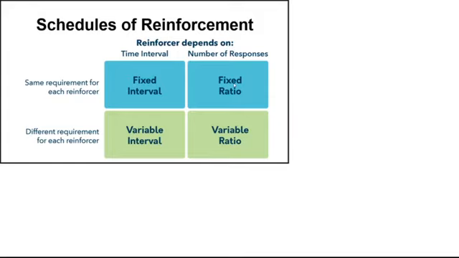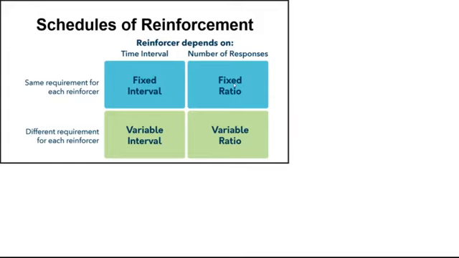For our variable intervals, that's when we would have sort of a span. So we're looking at time, and we have plus or minus a certain amount of time. So 10 seconds plus or minus 2 seconds. And then variable ratio would be a set number of lever presses plus or minus some kind of range.